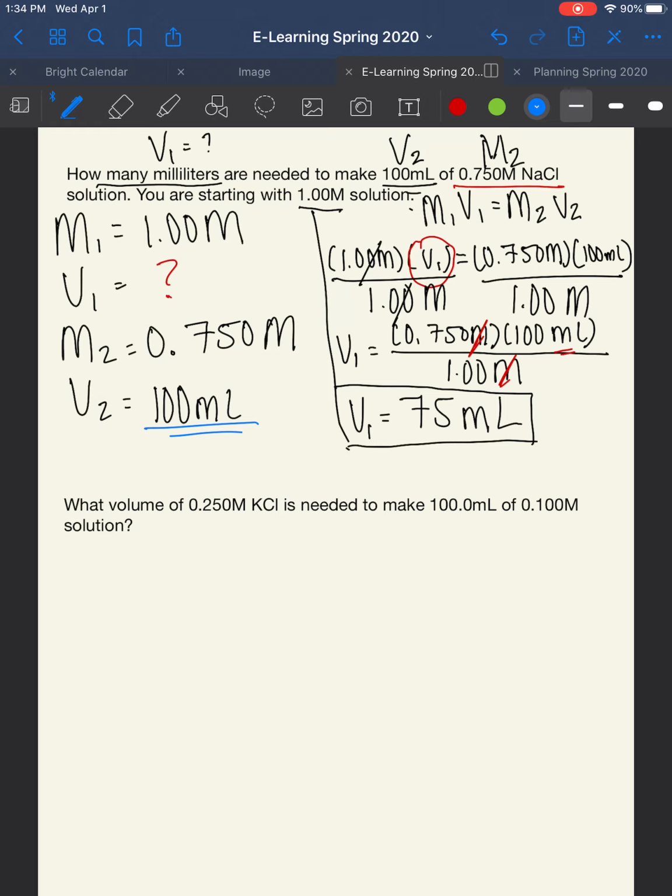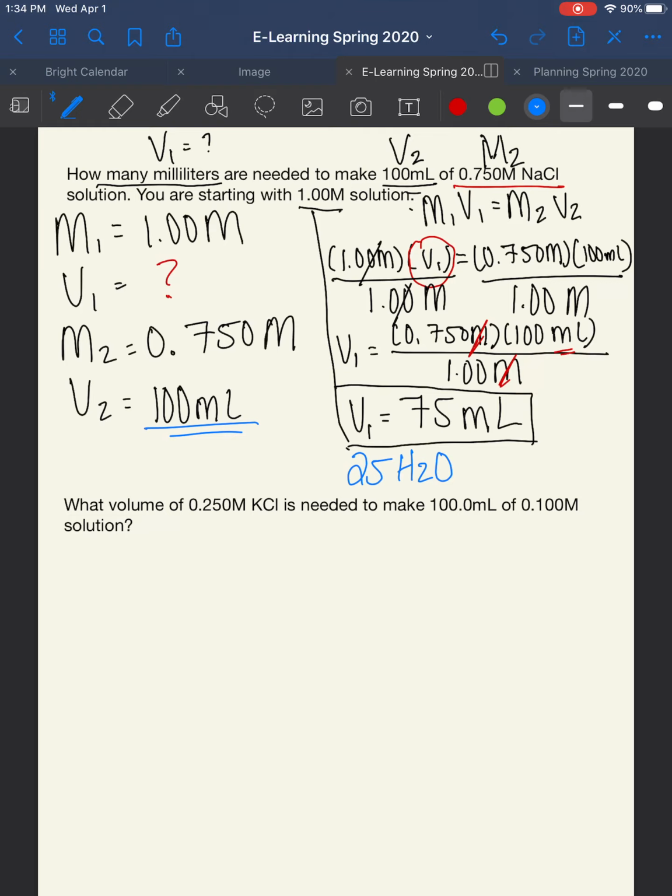Whenever you are diluting a solution, the difference in volume is going to be replaced with water. So in this example, I am going to be needing 25 mLs of H2O.